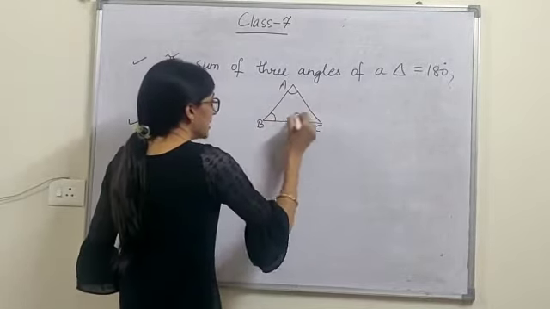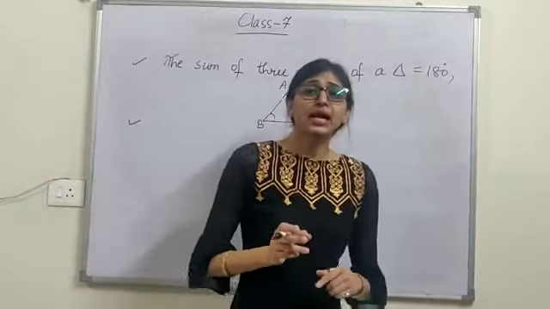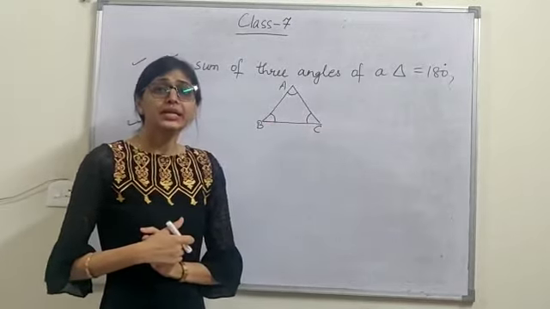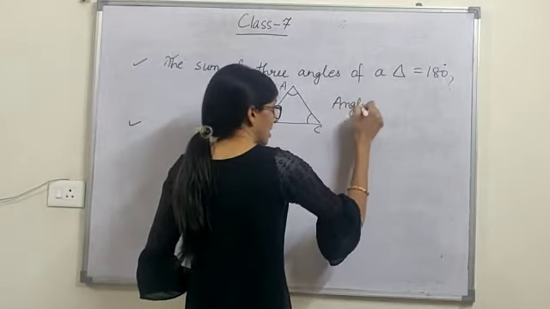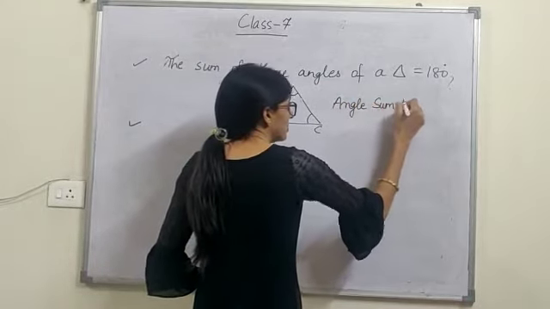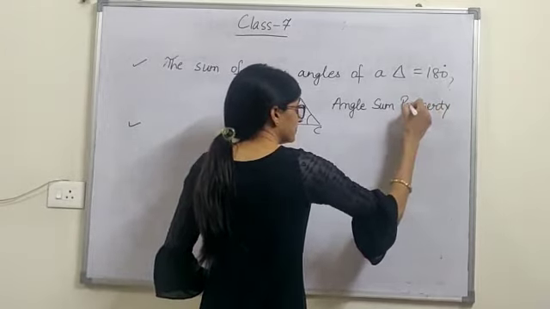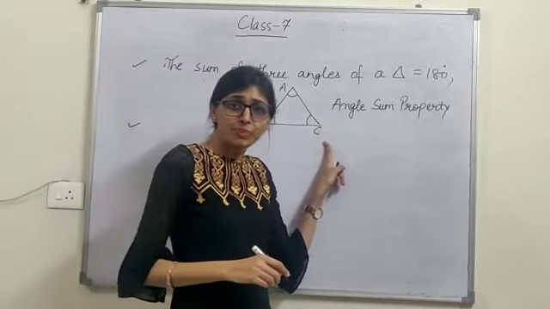So these are the three angles of a triangle. Always the sum of three angles of a triangle is equal to 180 degrees. This is also known as angle sum property. We can call it angle sum property.